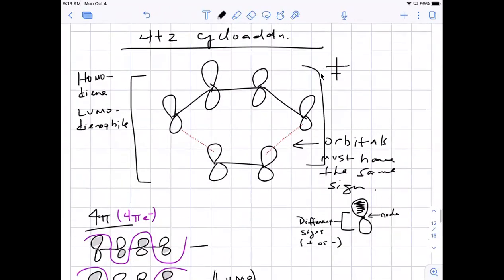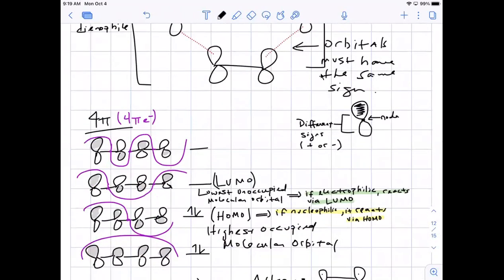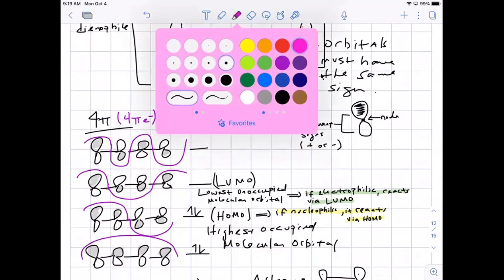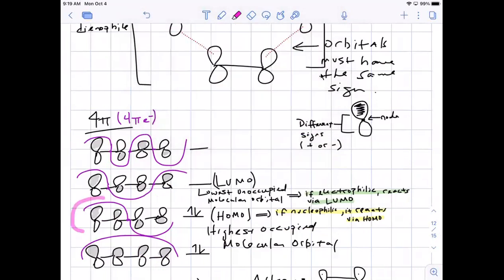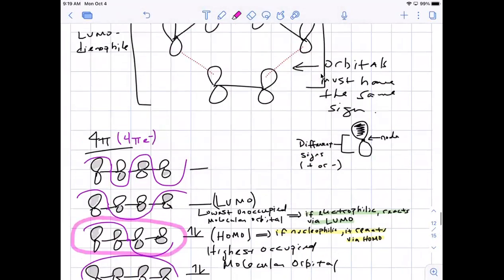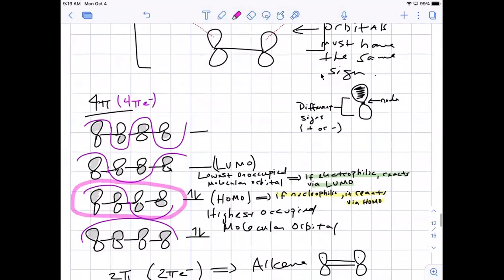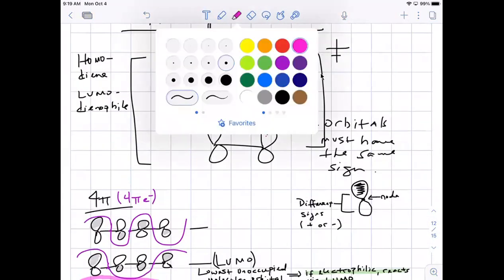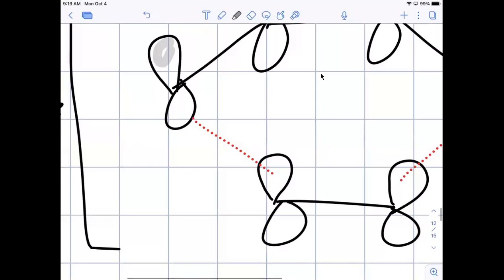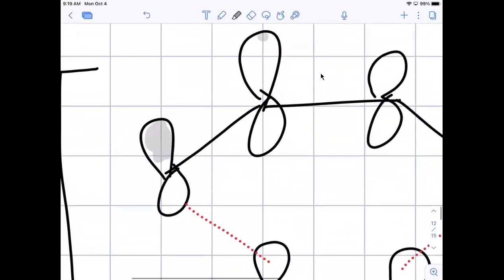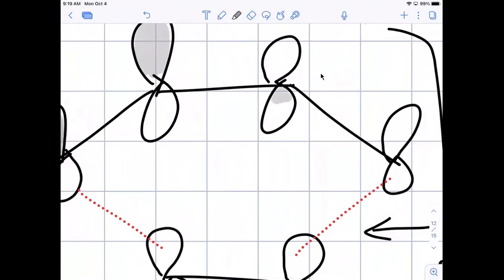So let's go back to here. If this is the HOMO, we're going to shade these orbitals like they are in the HOMO. So this is shaded. This is shaded. And then over here, the sign changes because of that one node, so that's shaded.